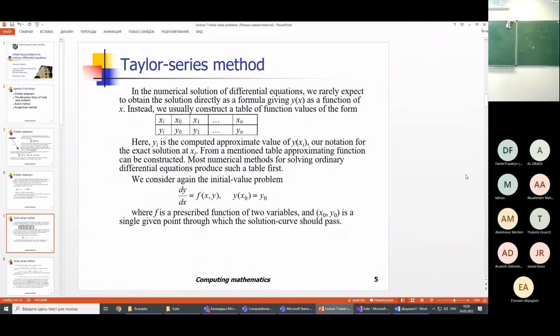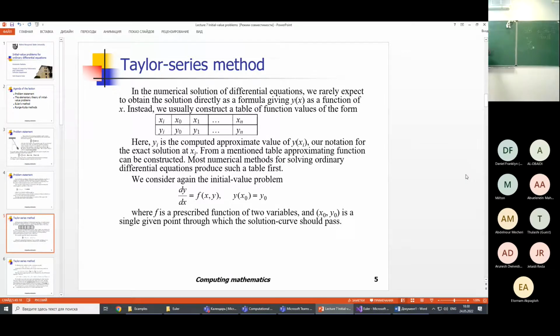As an approximated solution, we consider this table, the table of function values, x_i and y_i. The values of x we can compute very simply. We know the initial point x0 from the initial condition.